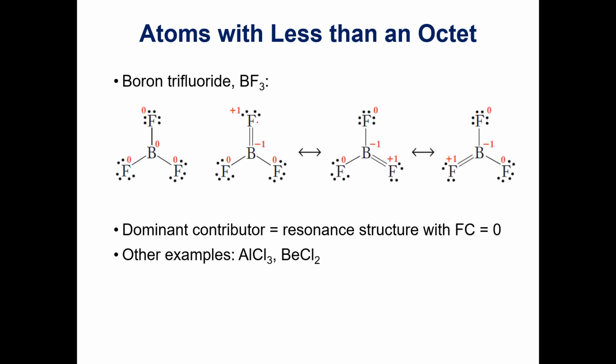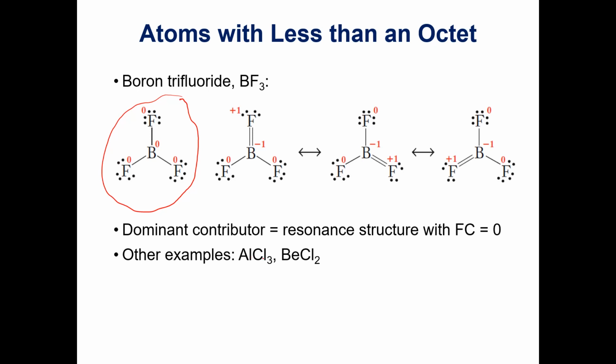It is our most electronegative element. Boron is not going to want the negative formal charge. In fact, fluorine is so electronegative, you will very, very rarely, if ever, see a fluorine that is double bonded. So it turns out that the better structure is actually the one where boron is electron deficient.